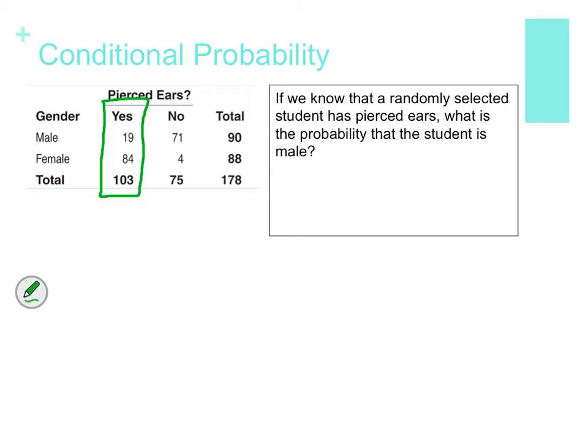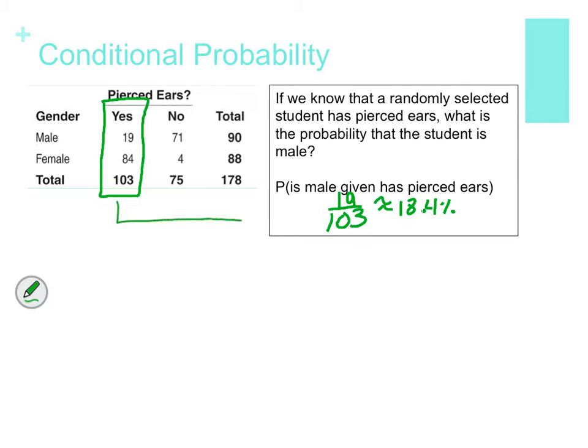In other words, I'm asking you what is the probability that the student is male, given that you already know the student has pierced ears. So that's 19 males out of the 103 that you know already have pierced ears. So that's about 18.4%, right? When we did that, we were restricting our attention only to that column, that 103, okay?